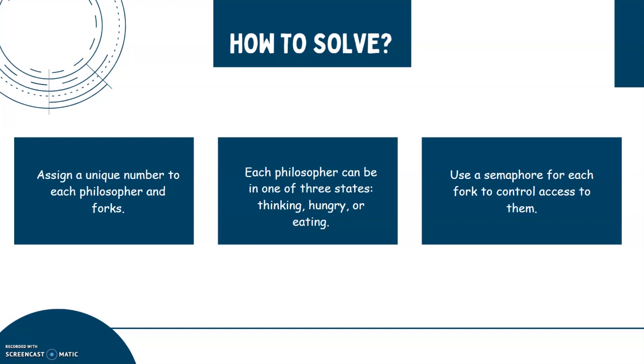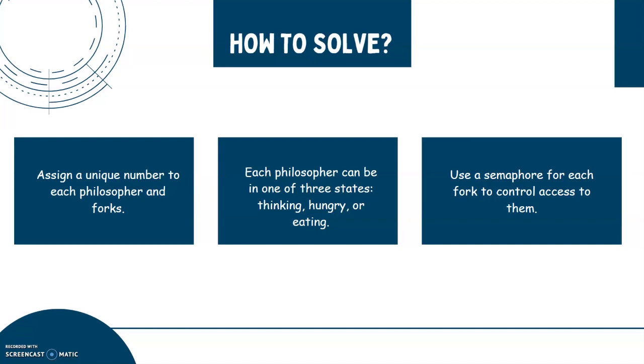For the first solution, we can assign a unique number to each philosopher and fork. For example, we can assign a number from 0 to 4 to each philosopher and fork. For the second solution, each philosopher can be in one of three states, which are thinking, hungry, or eating.